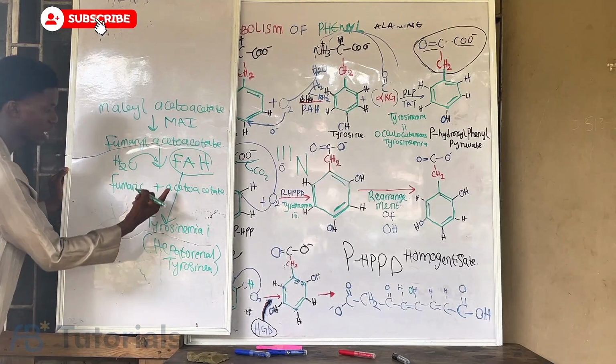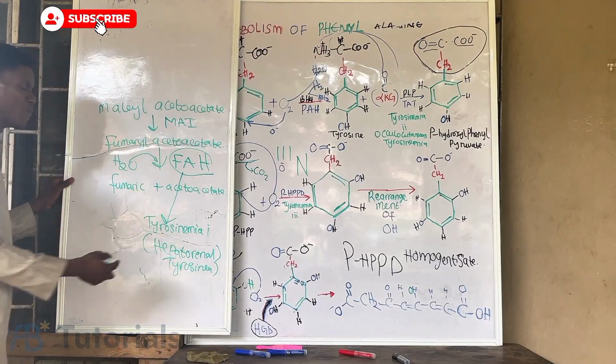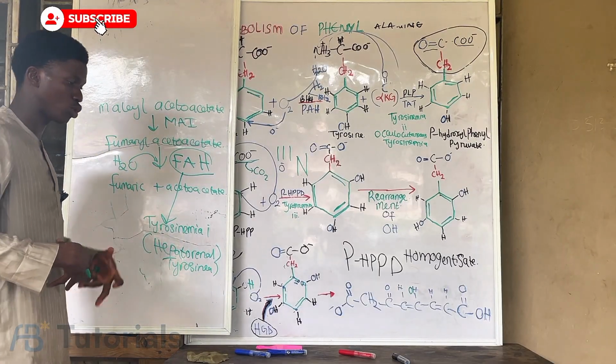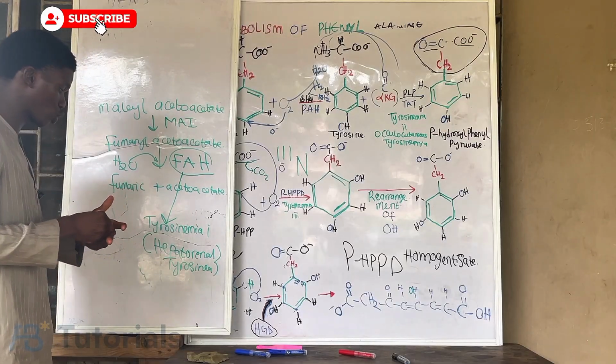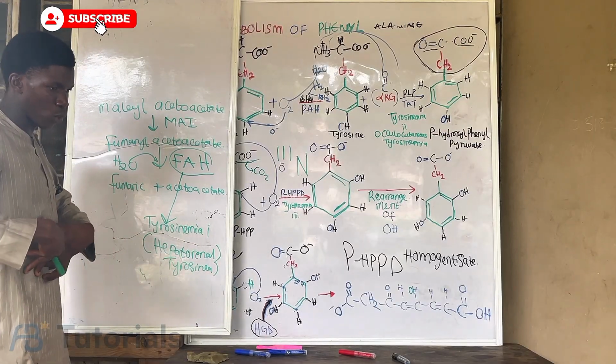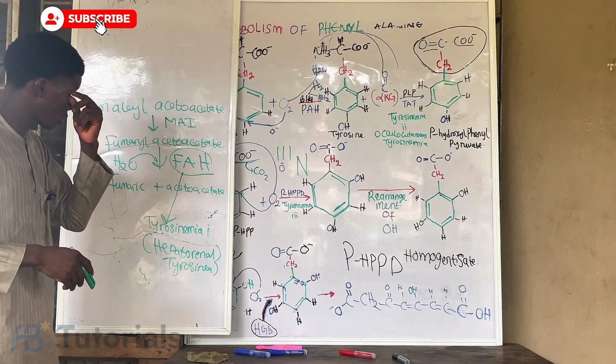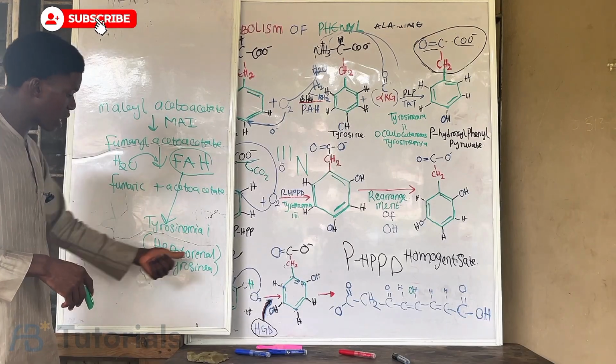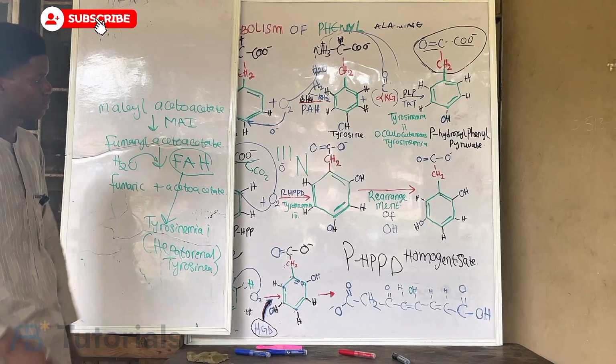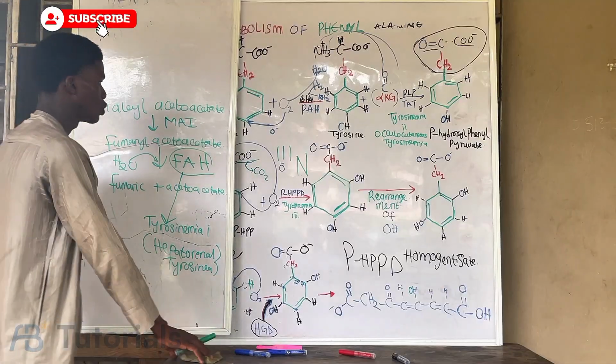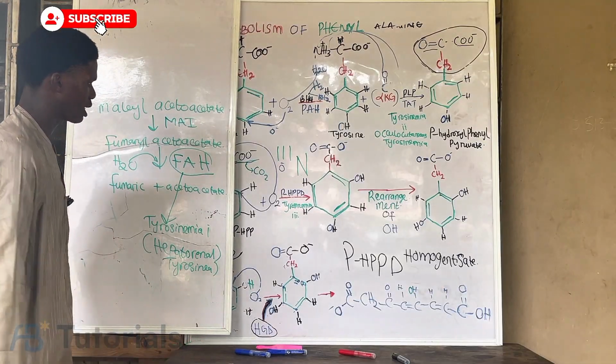So how do you know that thyroxinemia 1 is for hepatorenal? Hepato, from the word hepato, means your liver, and you know you have just one liver. So hepato is thyroxinemia 1, and it affects the liver and the renal, which is your kidney. Don't forget about that too. So that is that about that.